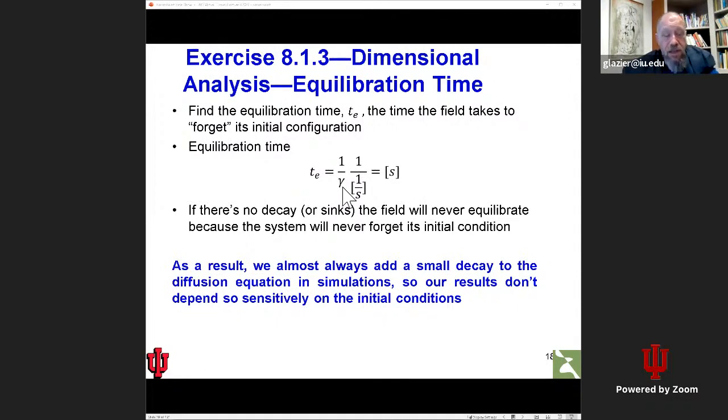Since our original state typically is something artificial, like making everything uniform or having nothing of something, that initial state is often not something we want present in the long-term behavior of our system. And so typically we will turn on some small amount of decay in our diffusion equation to get rid of that artificial initial state. Otherwise, we have very sensitive dependence on our initial conditions.